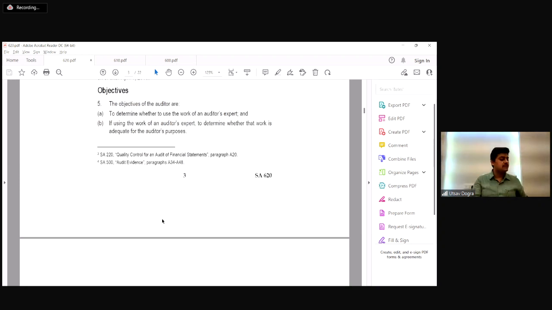The objective of the auditor is to determine whether to use the work of an auditor's expert or not. Since the auditor is not an expert in areas other than accounting and auditing, let's say he believes he needs another opinion.